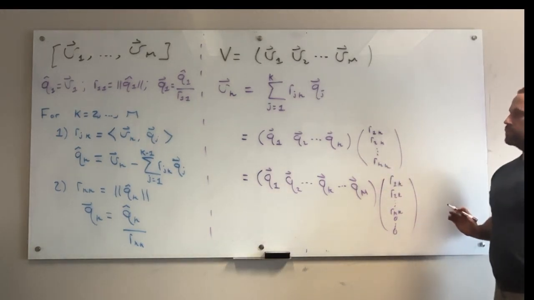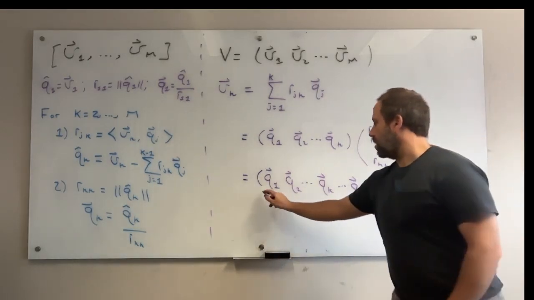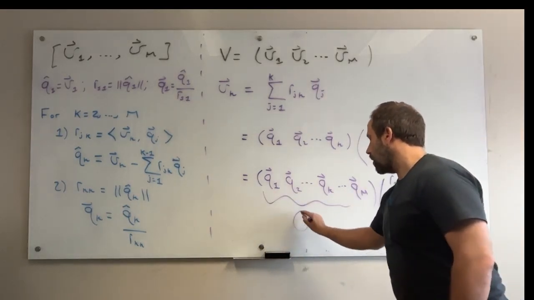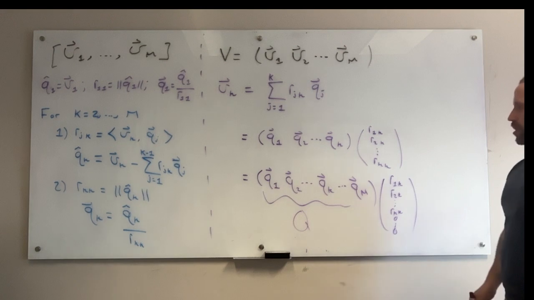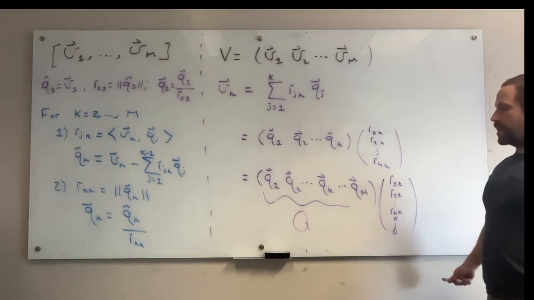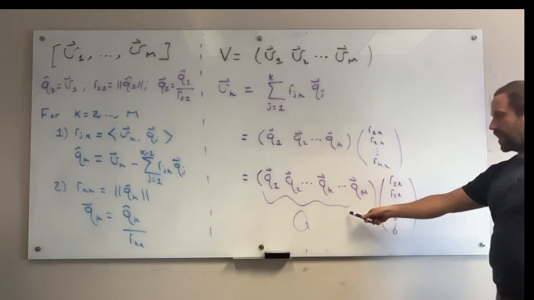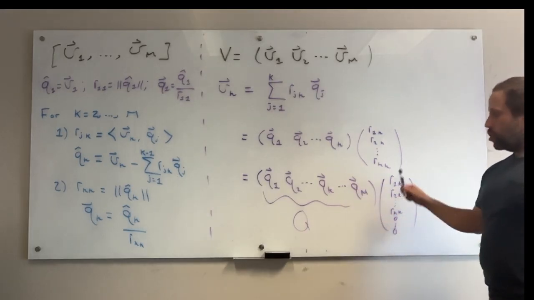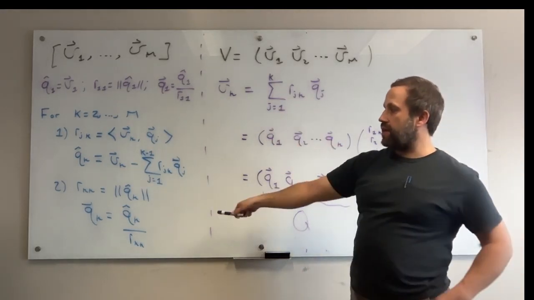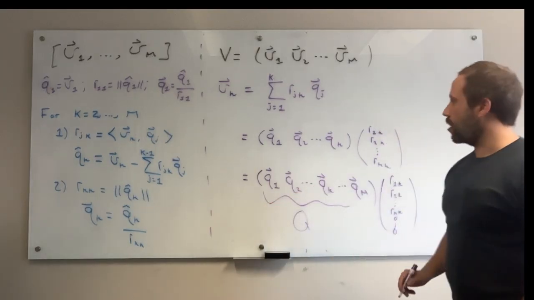Okay, so this matrix right here is called Q. We're going to call it Q, and it doesn't depend on k now. Q does not depend on k. It is just the matrix whose columns are given by the vectors that are returned in the Schmidt process.